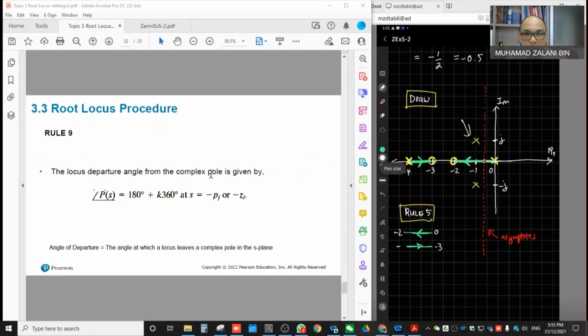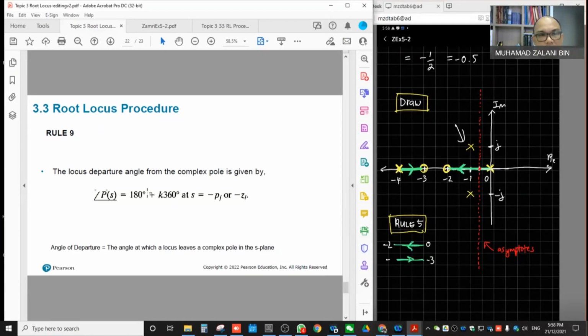For rule number 9, you should check the lecture notes that I gave you in our earlier discussions, that we can determine the angle of departure using the equation.